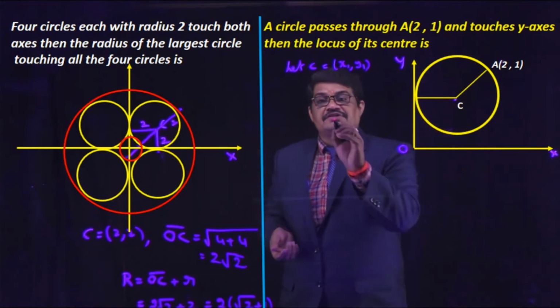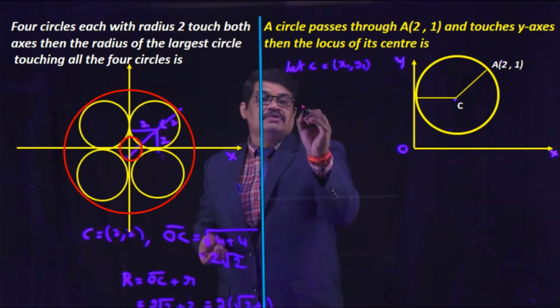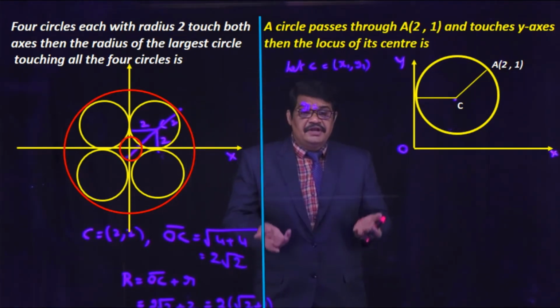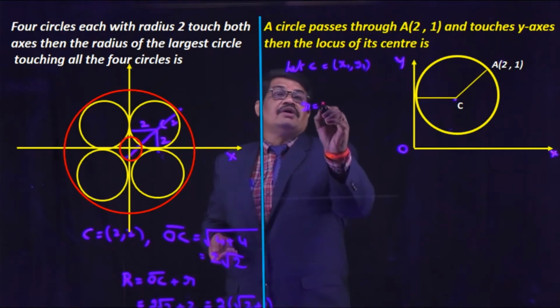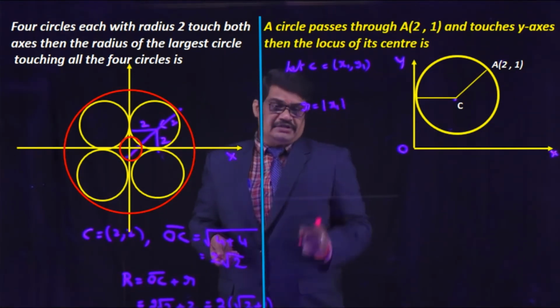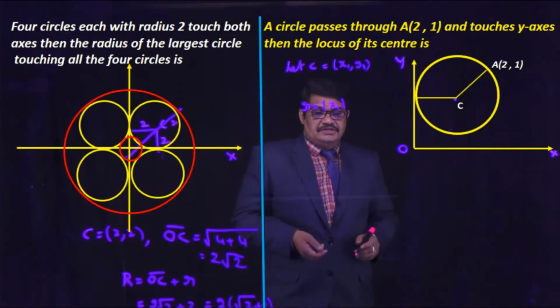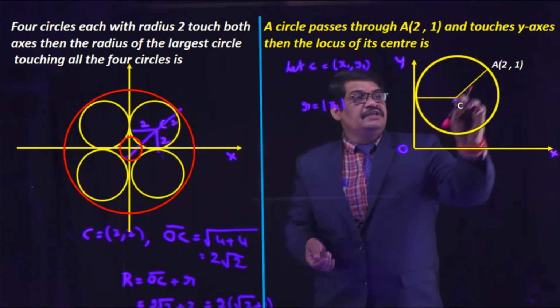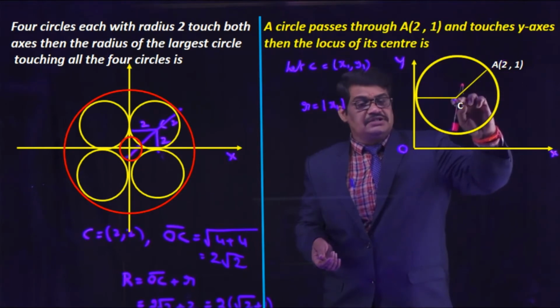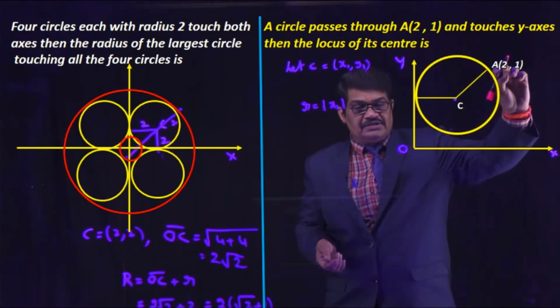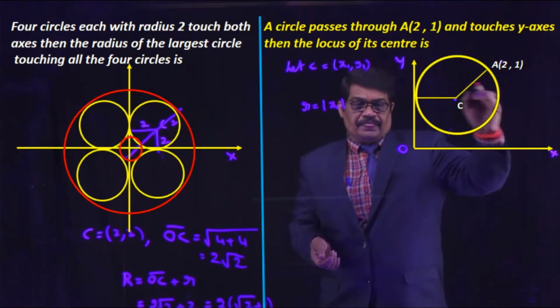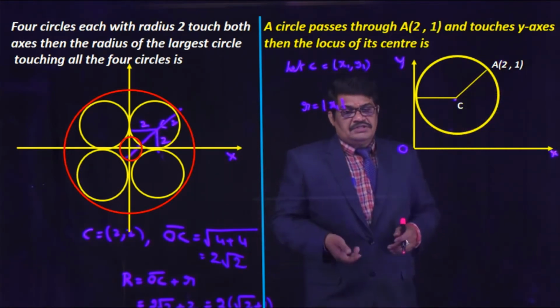We know the concept: if any circle touches the y-axis, then the radius is modulus of x1. So that is the radius. Here this length is the radius, and CA is also a radius, since the distance from the center to any point on the circle is also the radius.